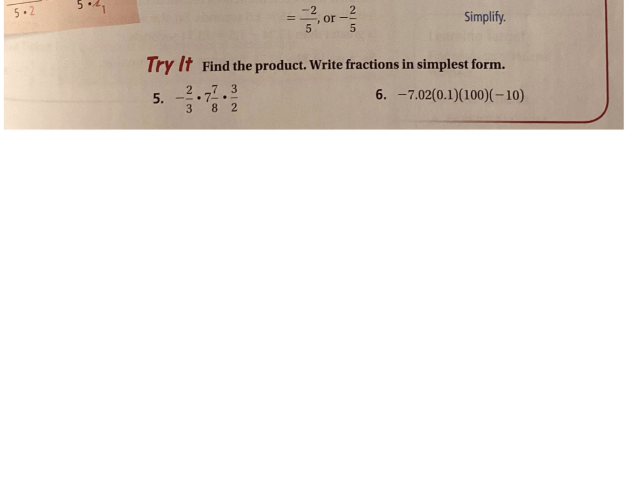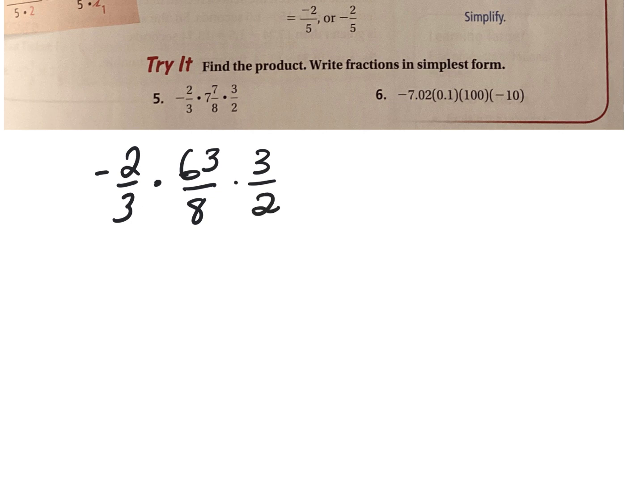Okay, so on number 5, I have a negative 2/3, and I'm going to make that 7 7/8 into an improper fraction. So 7 times 8, that's 56, plus 7 is 63 over 8, times 3 over 2.